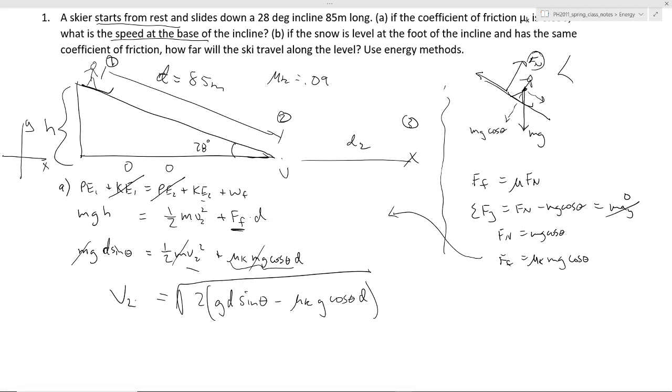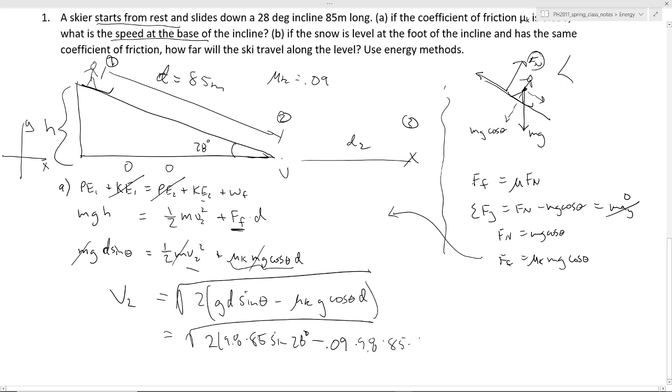And if we put all of our numbers in here, this would be 9.8 times our 85 sine 28 degrees minus 0.09 times 9.8 times 85 times cosine 28 degrees. We find that this will give a v2 of 25.5 meters per second.